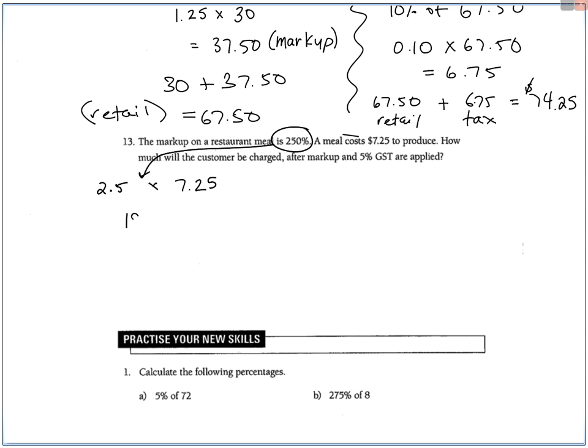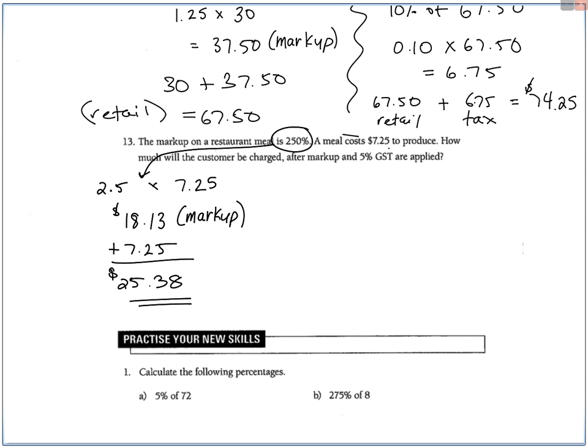So the markup is $18.13 after rounding. So of course you always add your markup to the original price. So put $7.25 there and add it up. So $25.38. So this is the price that the consumer would see on the menu, $25.38.